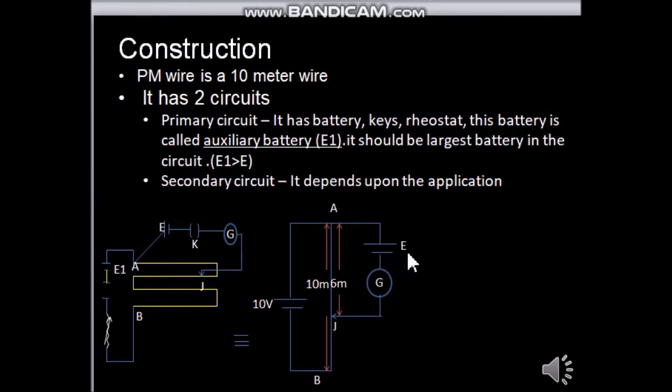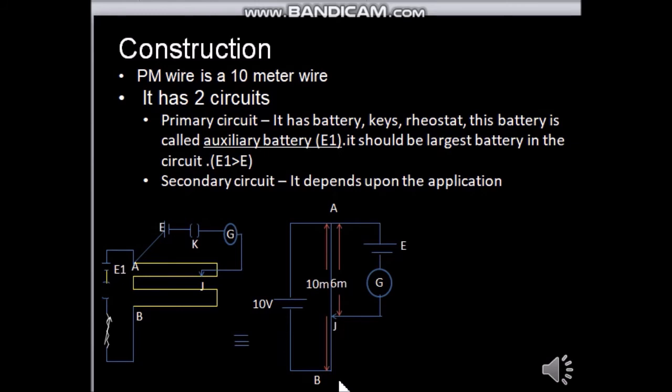Now how do we find E? So this length will help us. This length is very important. How will this help us? Let us understand. 10 volt and 10 meter length, that is, the 10 volt battery and the AB wire are in parallel. In parallel, what remains the same?